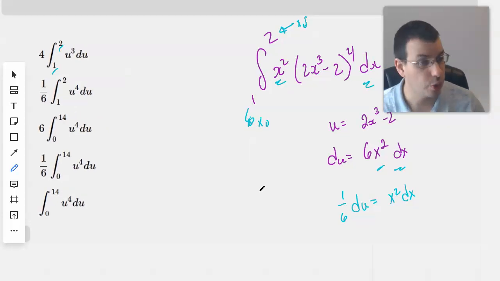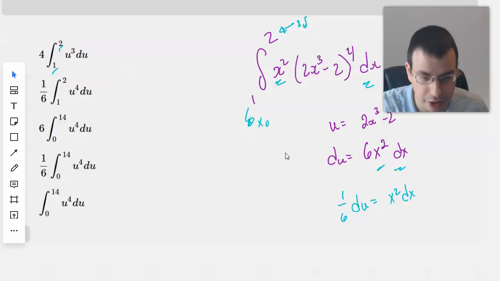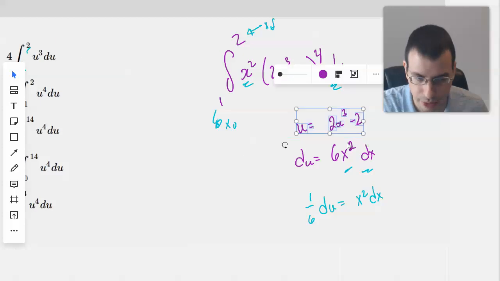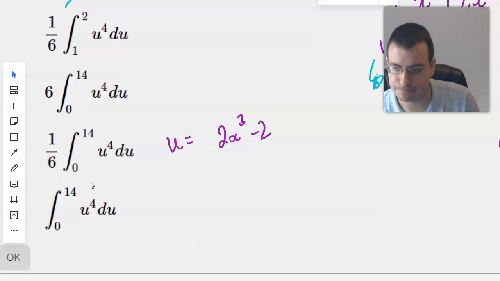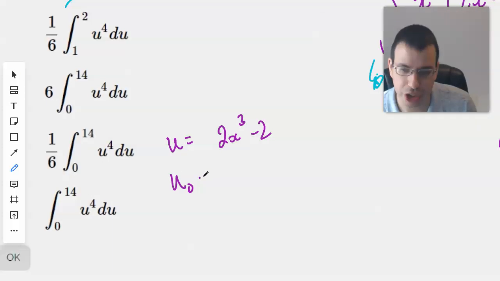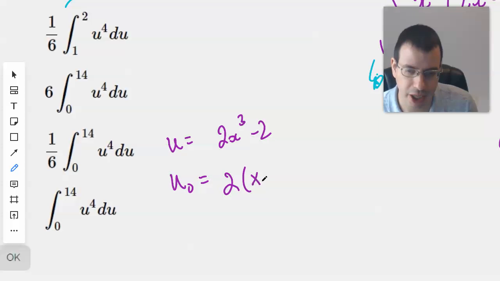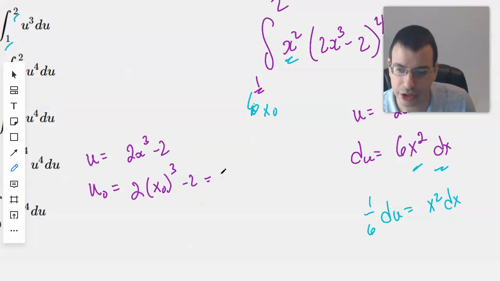But it's good to see why. We know that u equals 2x cubed minus 2. So u initial equals 2 times x initial cubed minus 2, and x initial here is 1. So this is 2 times 1 cubed, which is 1, minus 2, which is 0.